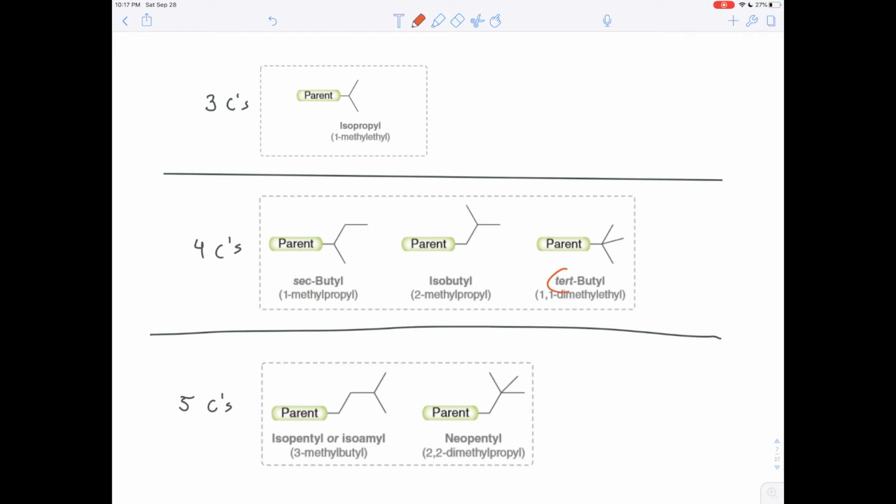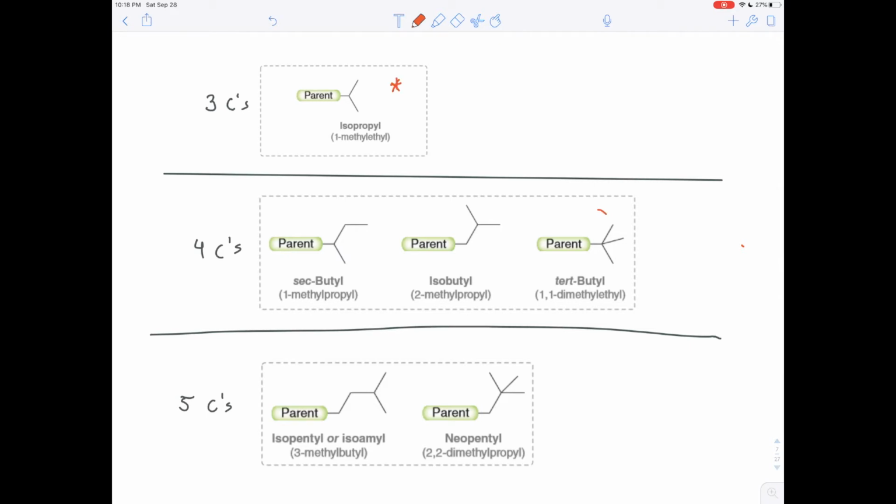For tert-butyl, this carbon here is bonded to 1, 2, 3 carbons. 3 carbons is tertiary because it's bonded to 3 other carbons, and so that's tert-butyl. And if you just have one more carbon in between a tert-butyl and a parent chain, then you end up with this neopentyl branch.